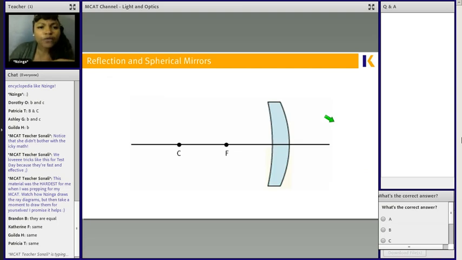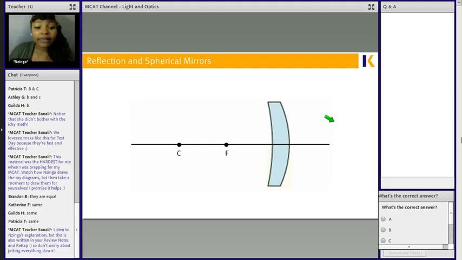Okay, so if we think about our spherical mirrors, I want you to imagine that this spherical mirror is one huge circle. Okay, so this is going to be a huge circle, and this C that we have here is the center. Actually, you know what? Let me draw that a little bit differently so that you can have that C as the center.